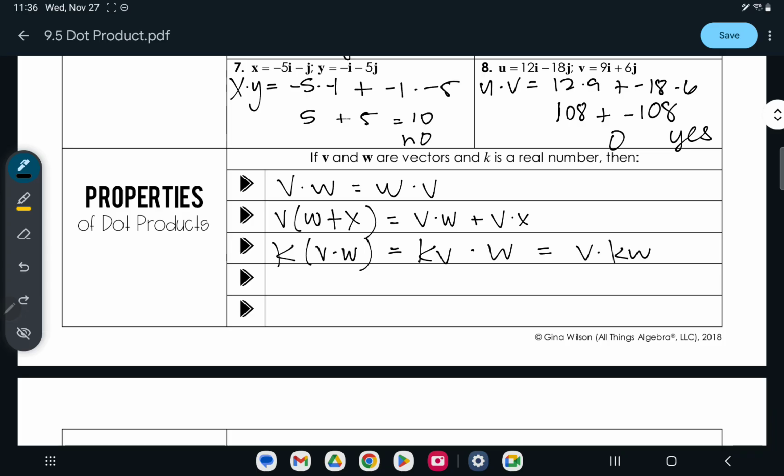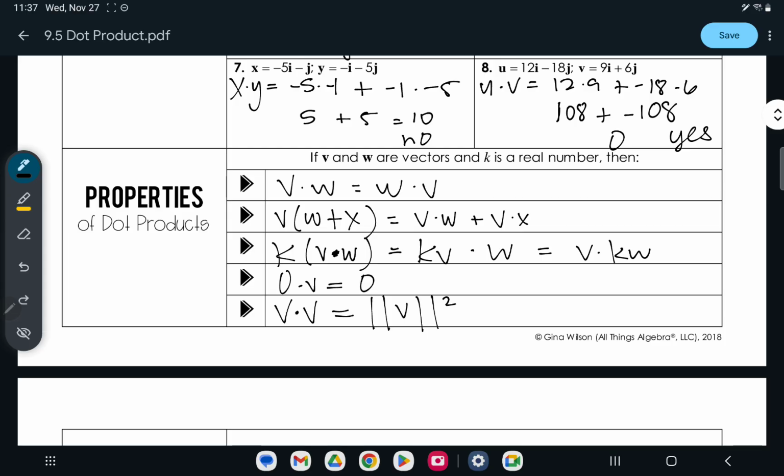It's all the same thing. Because it's being multiplied, you multiply it to one, not to both. 0 times V is 0. And V times V is the same thing as the magnitude squared.